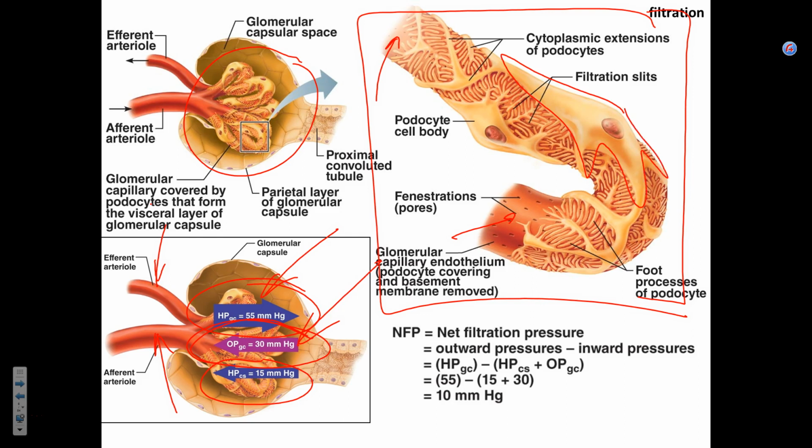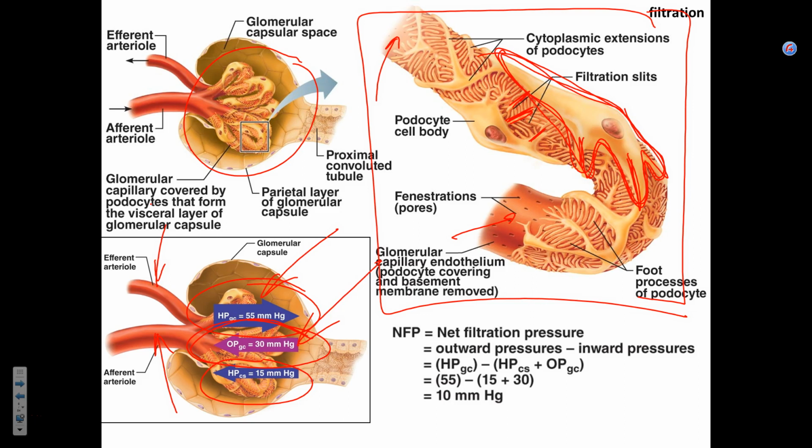Can you see them, podocytes? So each cell, I kind of loosely bounded podocyte. So podo means foot, okay, and these processes here are called foot processes of the podocytes.